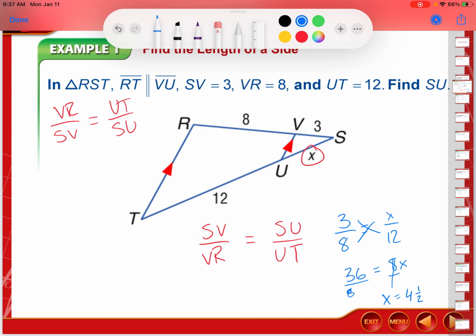Let's just double check that with the calculator because it's early and my brain's not working great. Yeah, it's 4.5. So x equals 4.5.